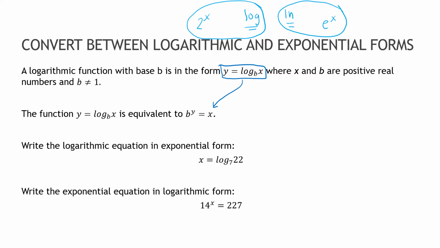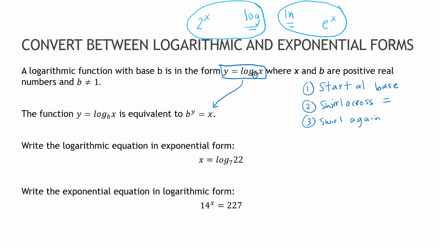But essentially I call it the Swirly method because I'm always going to start at the base, and the base of a log function is the b, and then I'm going to swirl across the equal sign, and then I'm going to swirl again. That is why I call it the Swirly method.